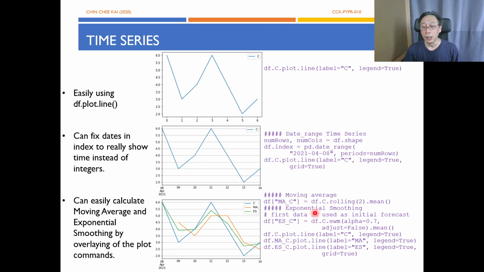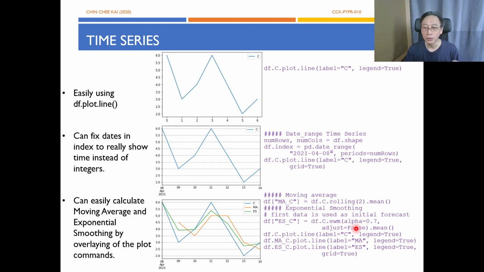So what we do is we simply run df.c, I want that series, dot EWM simply means exponentially weighted moving average, right? So EWM alpha, we give a number of 0.7 because the original data at this scale appears to be fluctuating.